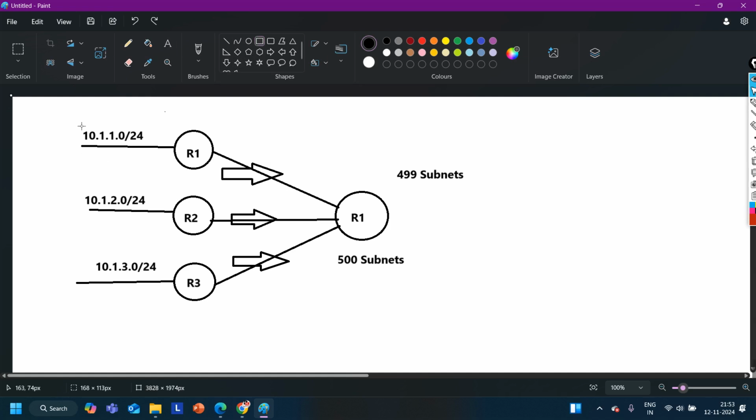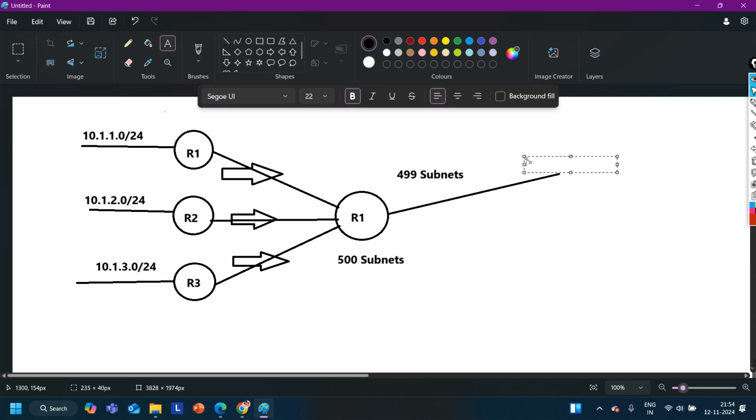But you want to summarize these 3 prefixes in such a way that only these 3 prefixes are part of it, right? Like if this router is connected with one more router here, and that router has a different subnet, 10.1.4.0/24, right?